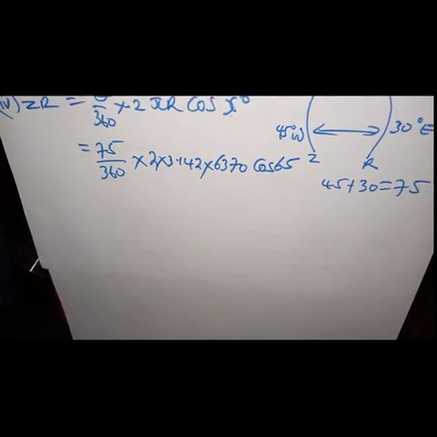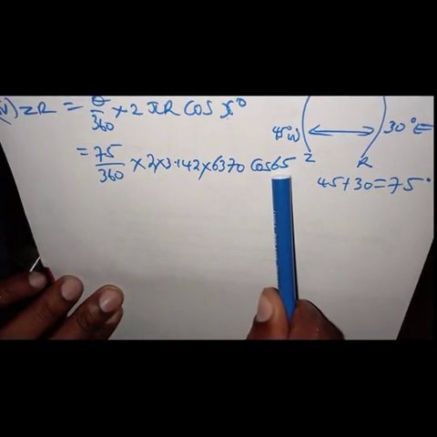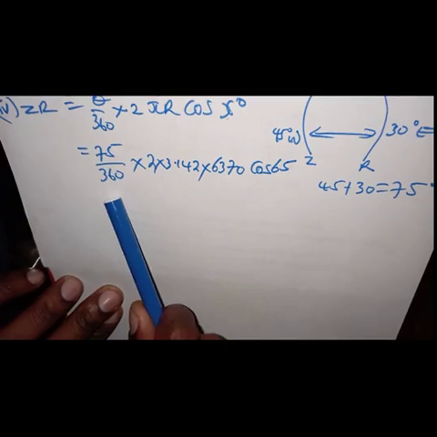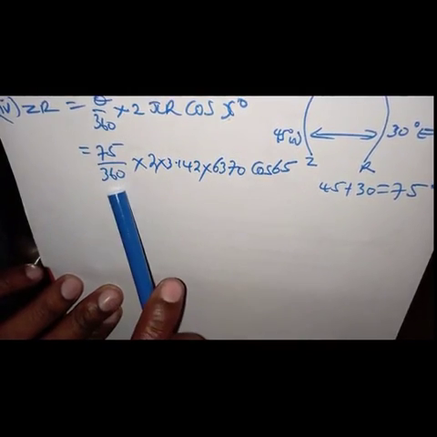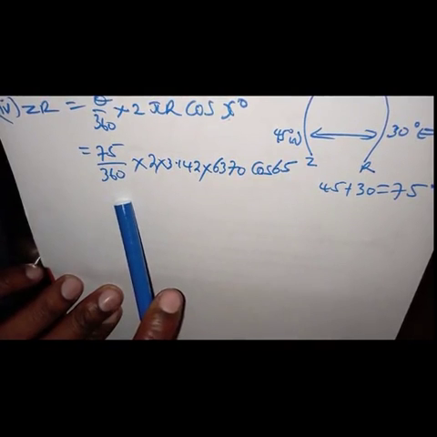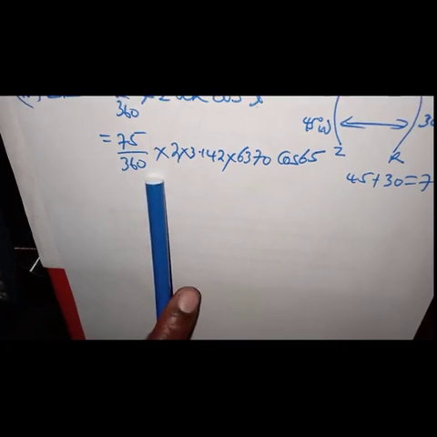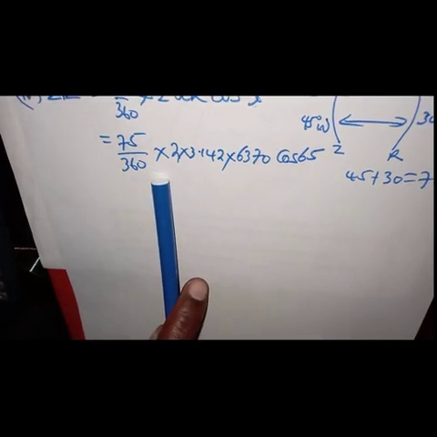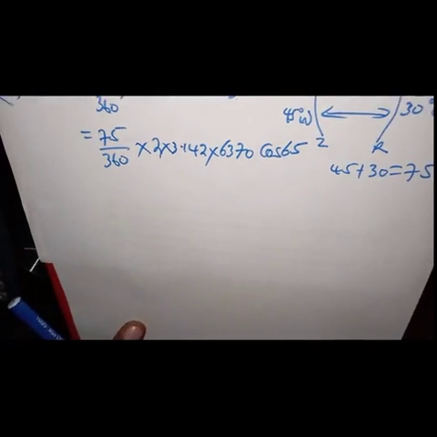If you want, you can start with whatever is on top, press the equal sign, then divide the answer by 360, or you start with this 75 over 360, press the equal sign first, then continue multiplying with those. So 75 divided by 360. Make sure your calculator has a D or DEG on your screen, meaning it is in degree mode. If not, the answer will be wrong because you are dealing with degrees.